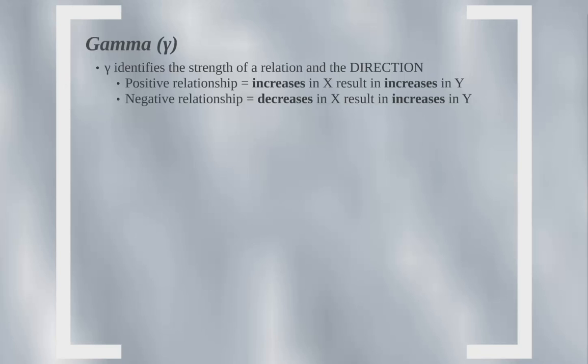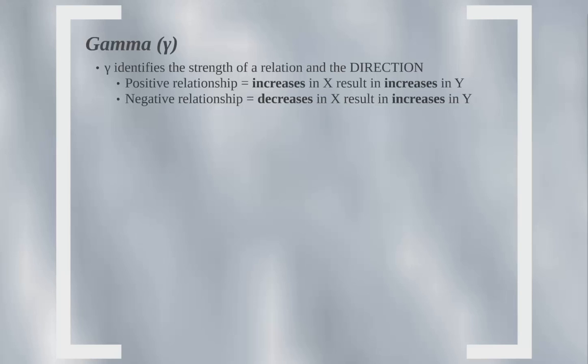So let's discuss this real quick. When you hear the term positive relationship, what that identifies is that increases in the x variable result in increases in the y variable. This one's fairly straightforward. It is the least confusing of the two.